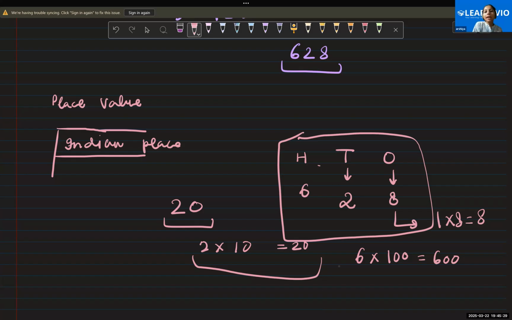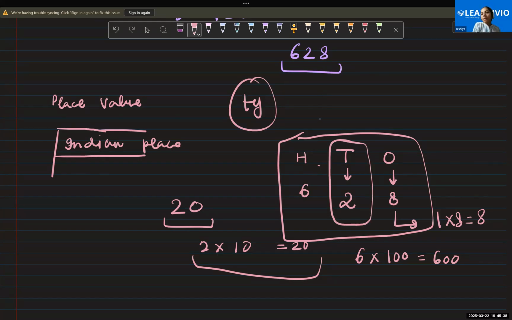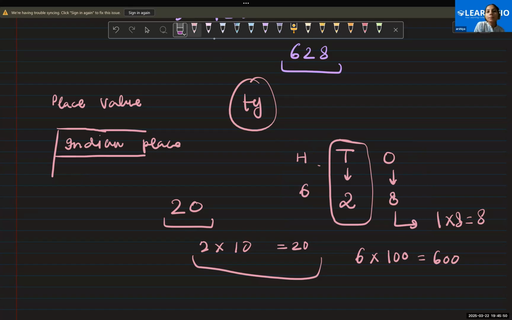So whenever you are using ty at the end, that means it's in the tens place. And for hundreds, you'll say 600, 700, so you'll use the word hundred. That's how you can remember it if you're getting confused in the place value. Is this example clear?